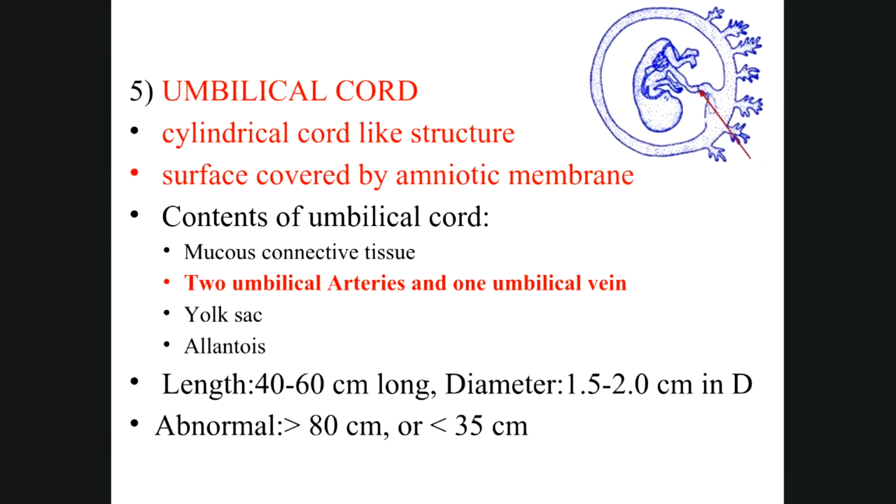So we discussed some of the fetal membranes after the placenta. The placenta we discussed as an important structure for exchange of gases, nutrition and defense, and it has 2 parts, the decidua and the chorionic villi.